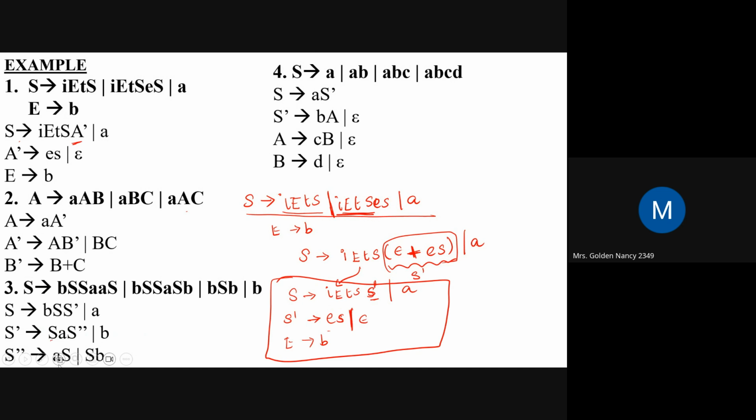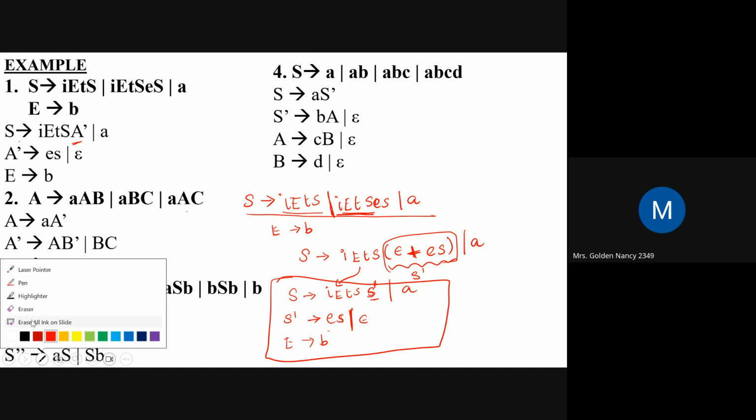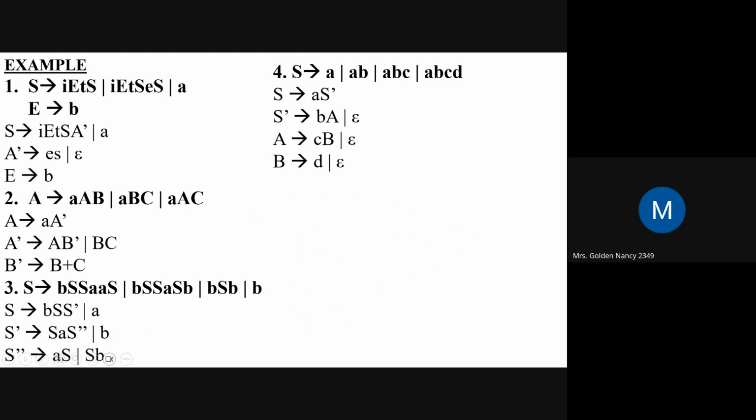Let me solve your second example. I have 4 examples, so I'll solve them one by one so that you'll understand clearly. From this you can see what the common things are. You have A as common, and the second term is B A, so I cannot take that out, so I'm taking small a as common.